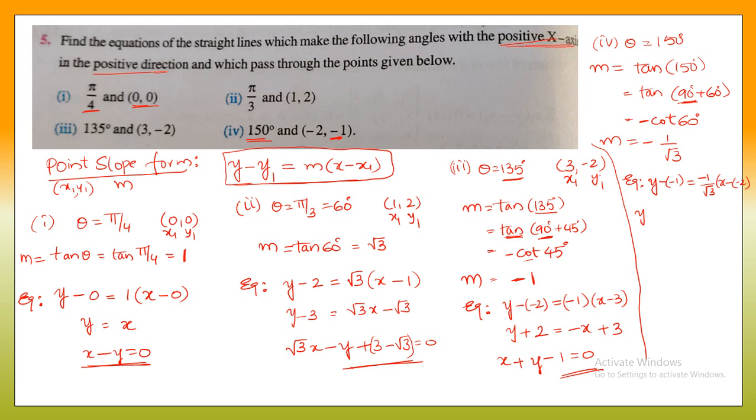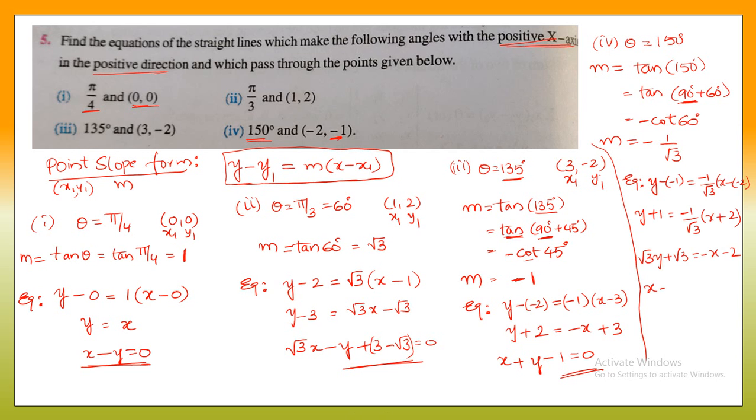Now when I simplify this, y plus 1 is equal to minus 1 by root 3 into x plus 2. Now when I cross multiply, this becomes root 3 plus root 3 y plus root 3 is equal to minus x minus 2.